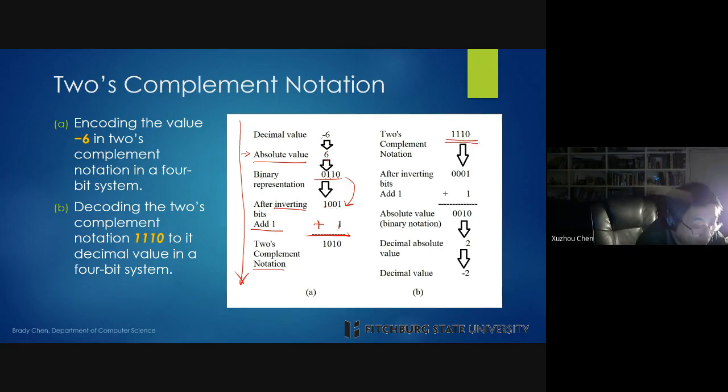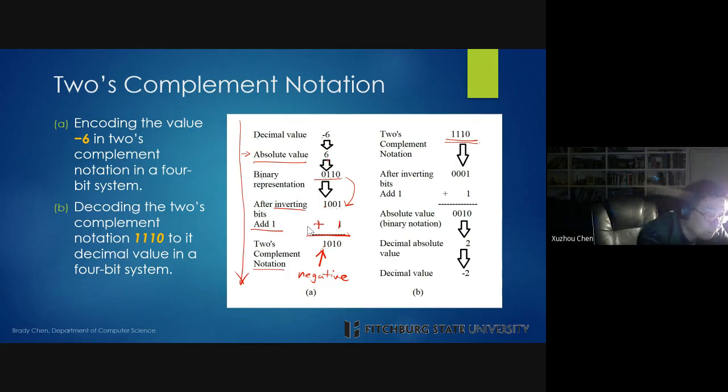Once you convert -6 into two's complement notation, you will always find that the most significant digit is 1. That means if the most significant digit is 1, the number is negative. If that digit is 0, the number is positive. That's always the case.